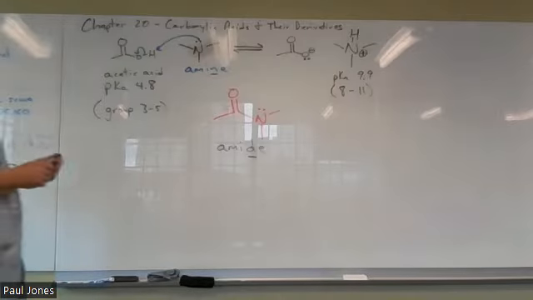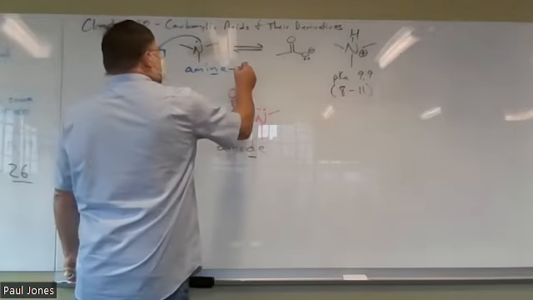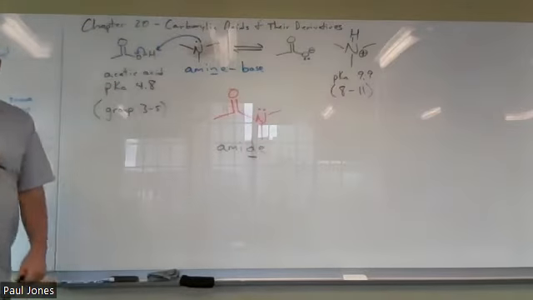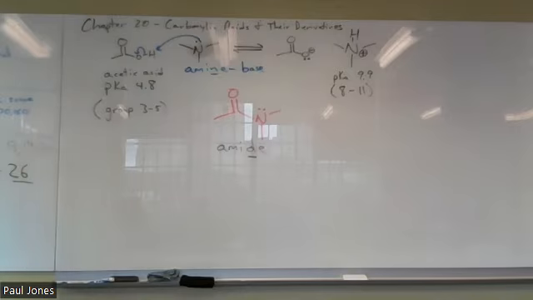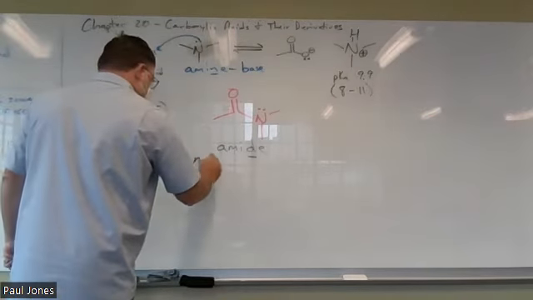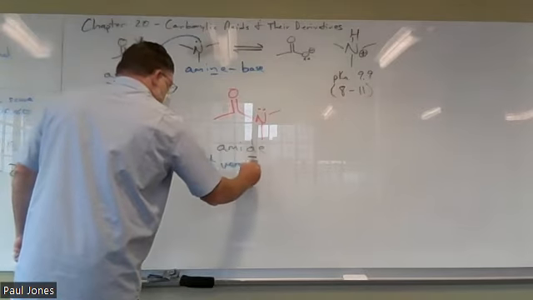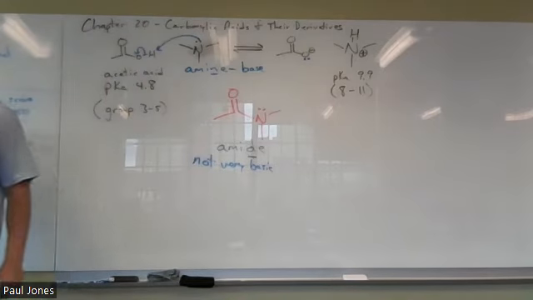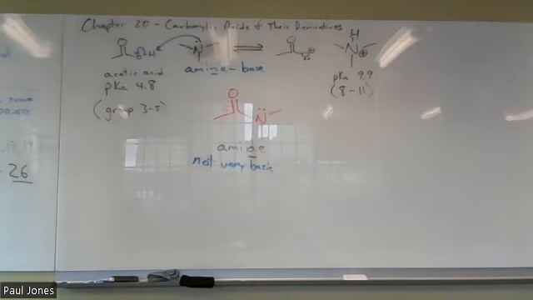All right. So this amine up here is a pretty strong base. Like I said, strongest base you're going to find in biological tissue. Down here, it's not very basic. The amide is not very basic. So protonate this.